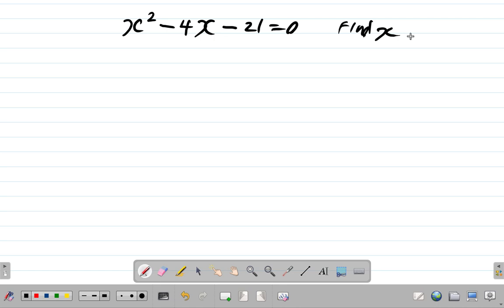Now, the thing is, you can see, this equation here is a quadratic equation. You have 4 different ways you can solve a quadratic equation. You remember them: you can use completing the square, you can use the formula, you can use a graph, and you can use factorization, right?